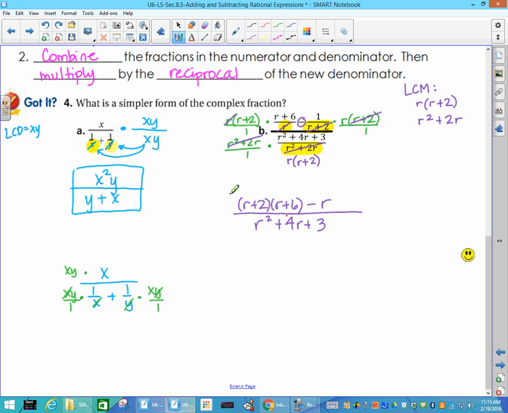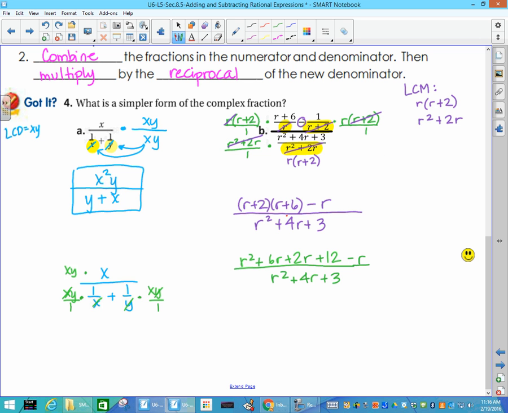Multiply it out, so that's going to give me r squared plus 6r plus 2r plus 12 minus r. So this was multiplying these two binomials. And on the bottom I have r squared plus 4r plus 3.